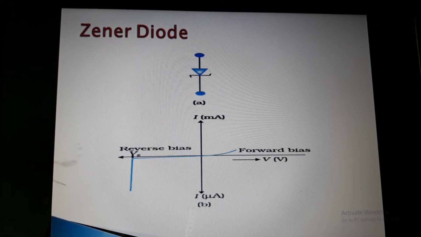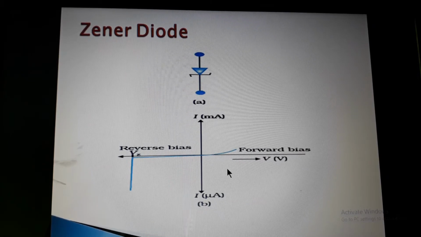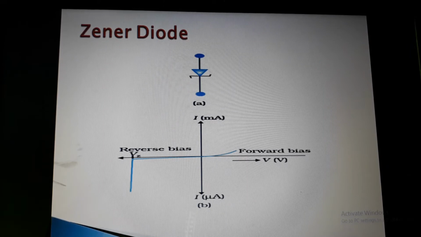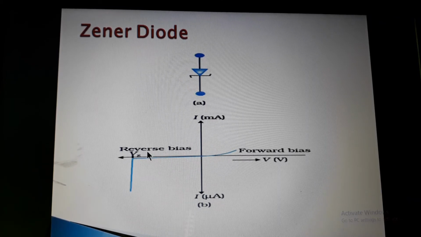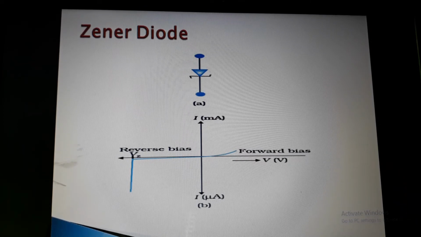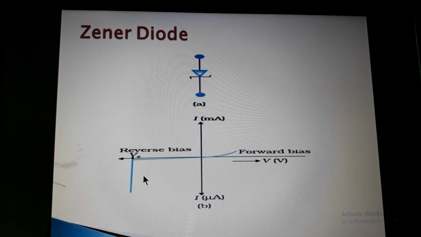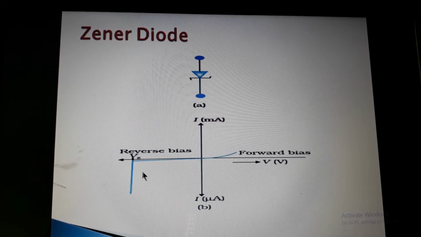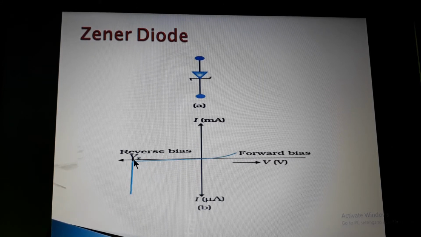But just listen: when the applied voltage is equal to Vz, Vz meaning the Zener diode voltage, that is, input voltage V equals Vz, at that time the current suddenly increases, but the voltage is constant.